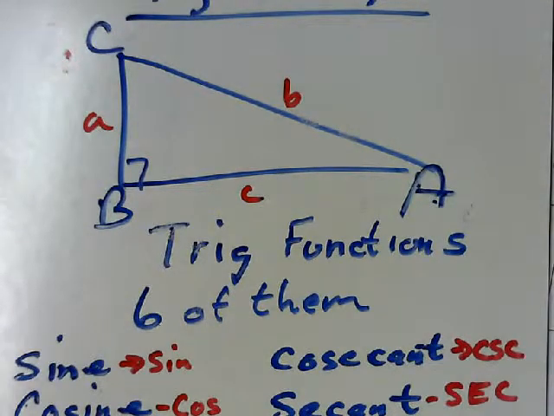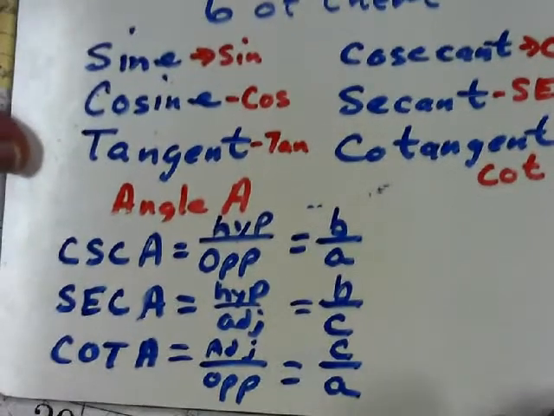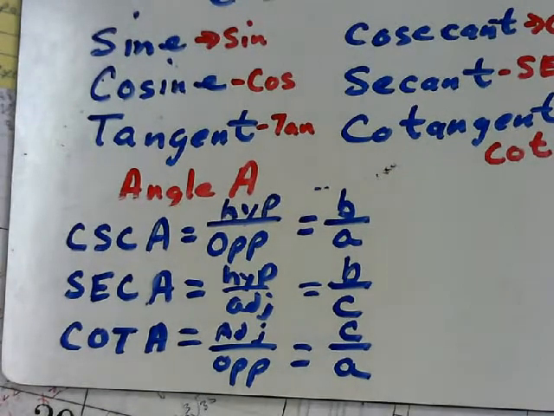And what is the opposite side? A. Right? So in this particular diagram, the cotangent of A equals adjacent over opposite, which would be C over A. Okay? All right.